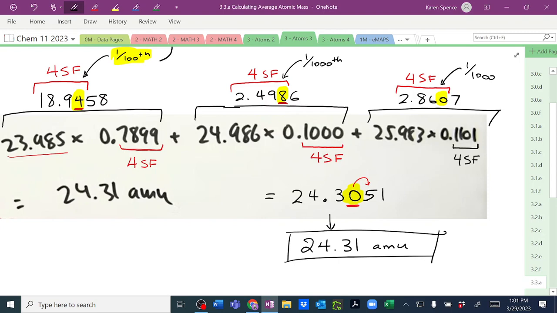Okay, so at this point I am going to go through page 54, 3.2F.